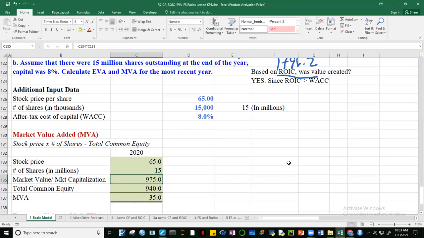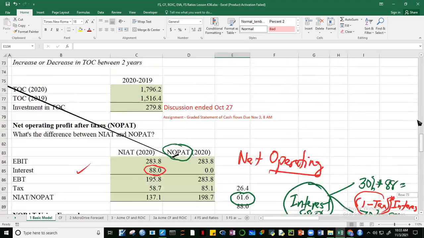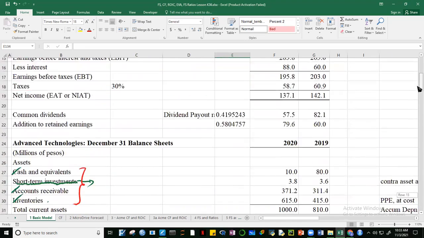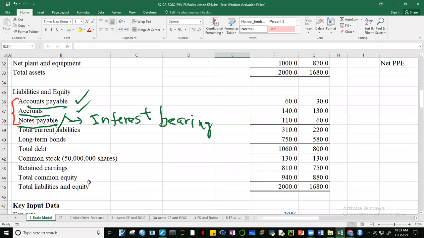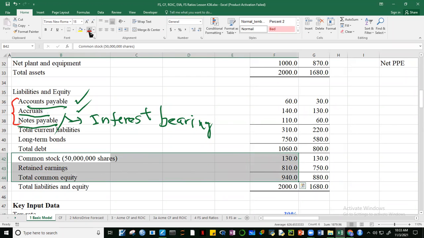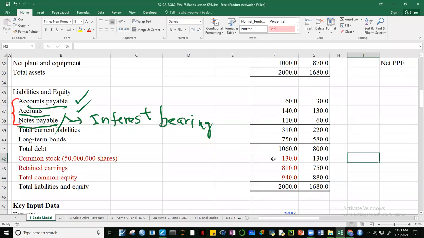And then we will compare this with the book value of the total common equity. This one will come from your balance sheet. So let's go to our balance sheet here. How much is common equity in the balance sheet for 2020? The total common equity here consists of your common stock plus your retained earnings, the sum of which will give you your total common equity.